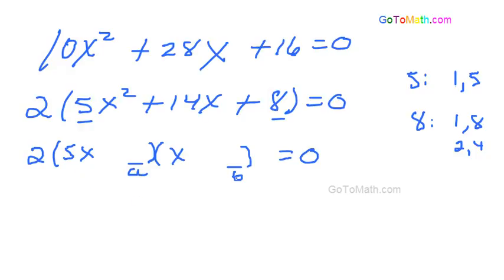So we know that A times B must equal 8, and then we'll have 5 times B plus A, and that is going to equal 14. Now what we can do is go through our possibilities.